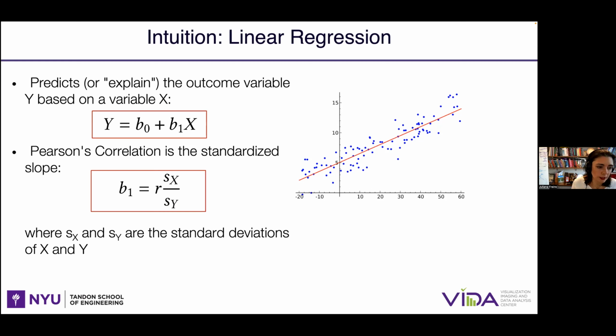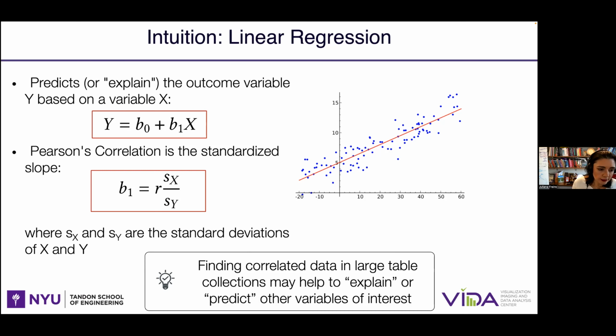So it's B1 equals R Sx over Sy, where these are the standard deviations of X and Y, right? So this means that the stronger the correlation is, the higher the predictive power of a given variable is. So the idea is that by finding correlated data in large table collections may help us explain or predict other variables of interest, right?